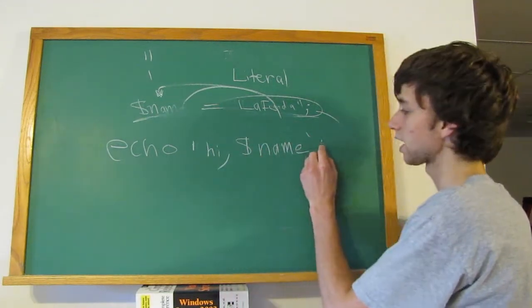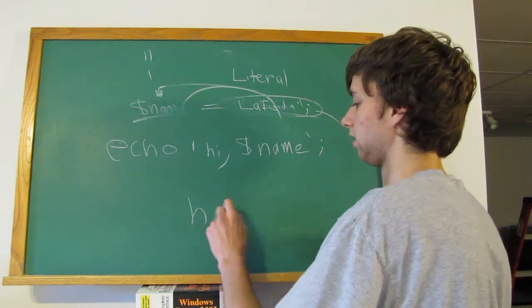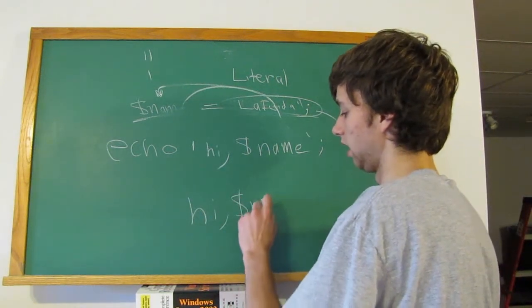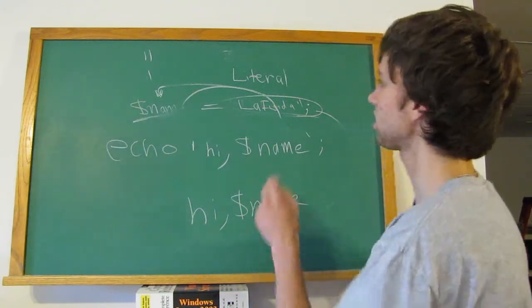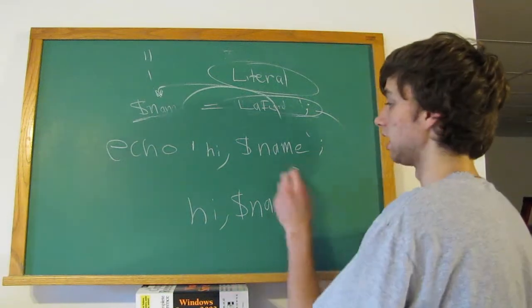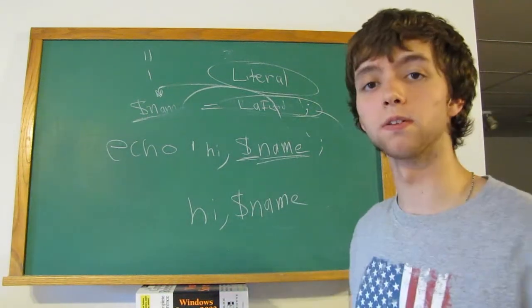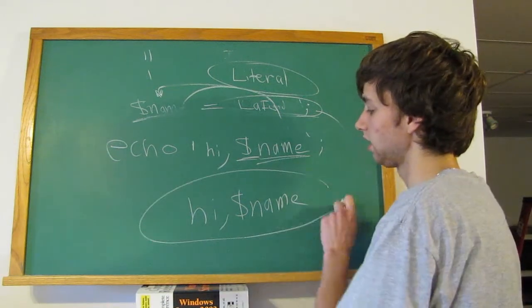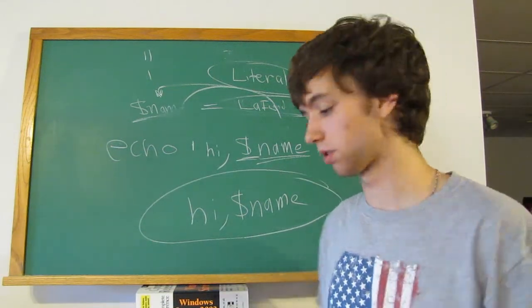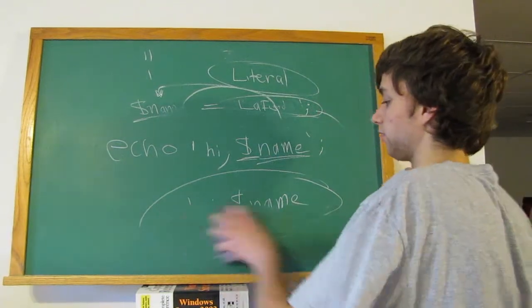Well, this is actually going to send to the browser, we are going to get hi, name. Because this is literal, it thinks we literally mean dollar sign, and then the word name. So this is the final result. Alright, so that is the main essential difference.